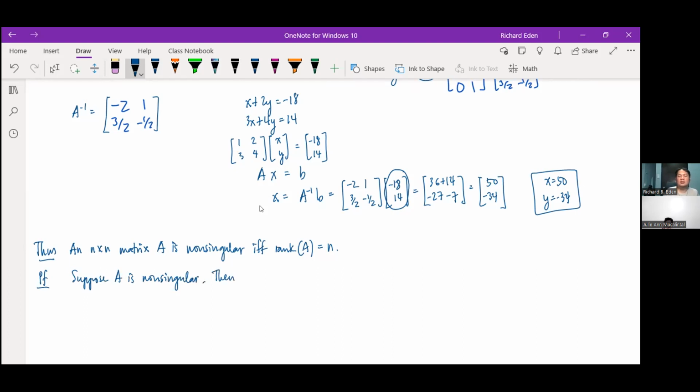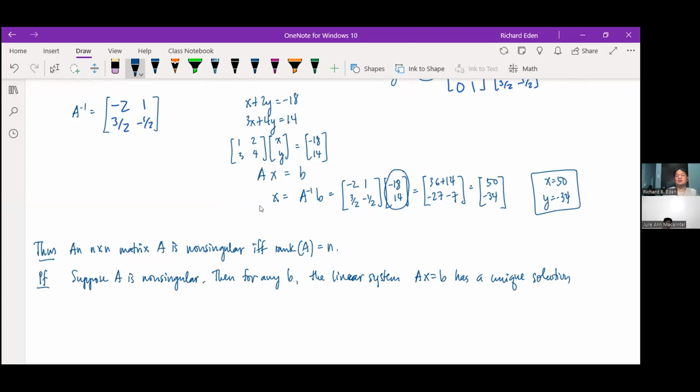Then for any B, the linear system AX equals B has a unique solution.